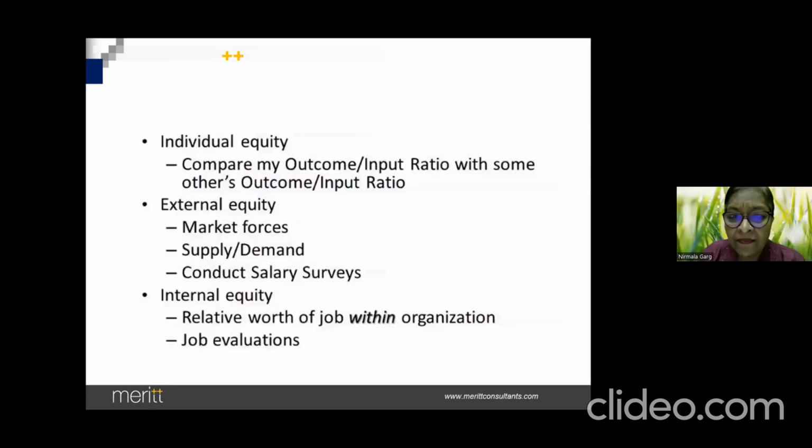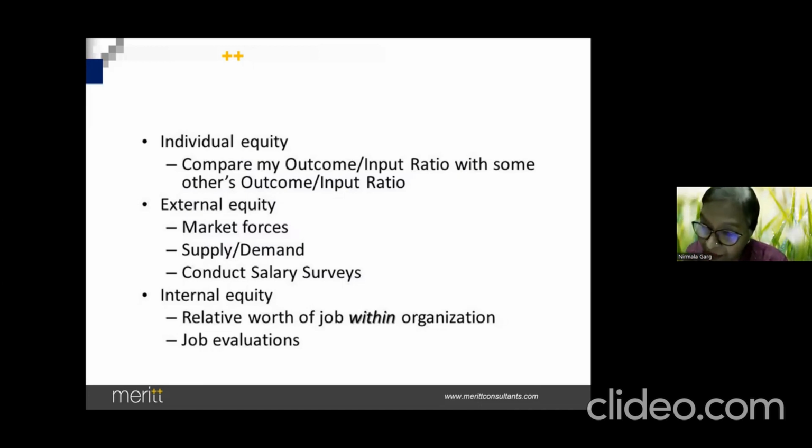So when we talk about individual equity, what is it? We talked about output versus input, comparing it with the other role, if you recall. Did we do that? I hope you recall. We looked at job evaluation and equity theory. We said we compare ourselves. How do we compare?